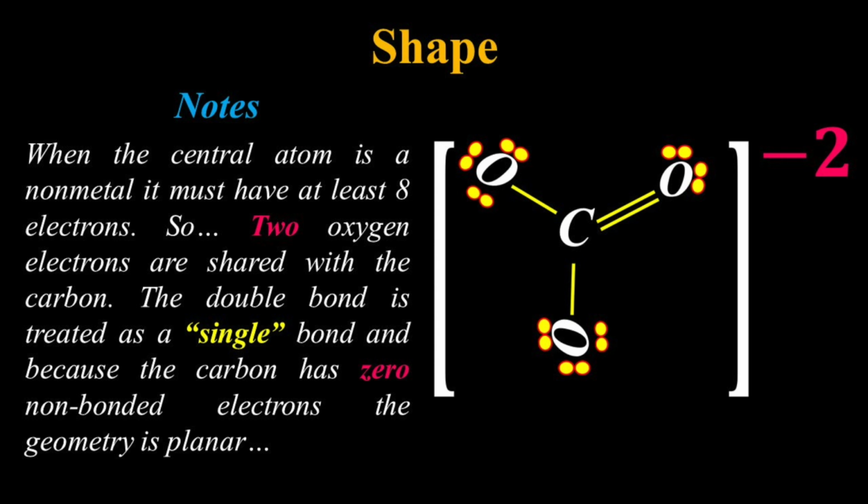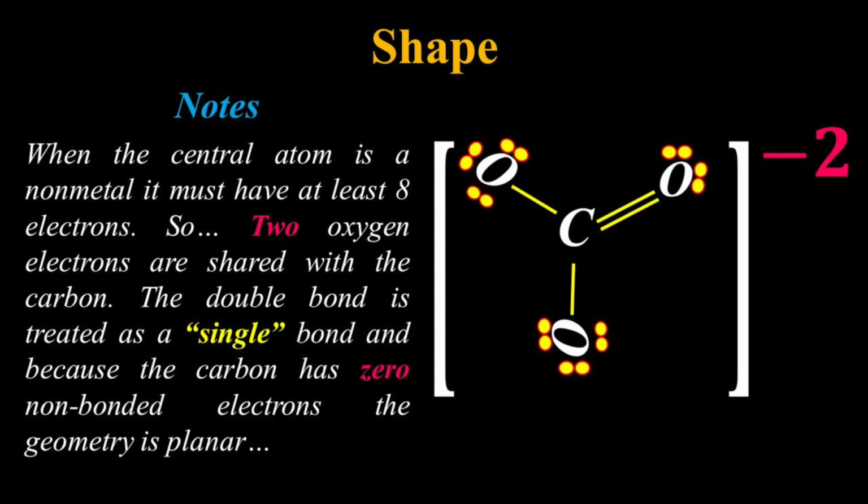So we'll make one double bond. That should be easy for you by now. When the central atom is a nonmetal, it must have at least 8 electrons. So 2 oxygen electrons are shared with the carbon. The double bond is treated as a single bond. And because the carbon has 0 non-bonded electrons, the geometry is planar. So it'll be trigonal planar.